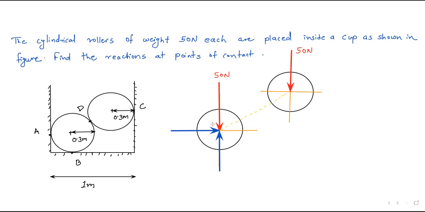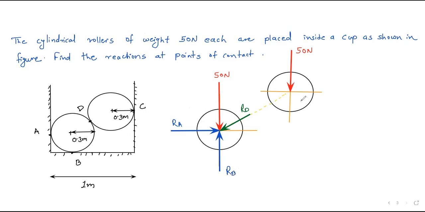So I will show this reaction. This is the reaction RD. Now I will give the names. This is the reaction RD, then this is reaction RE, and here is reaction RB.